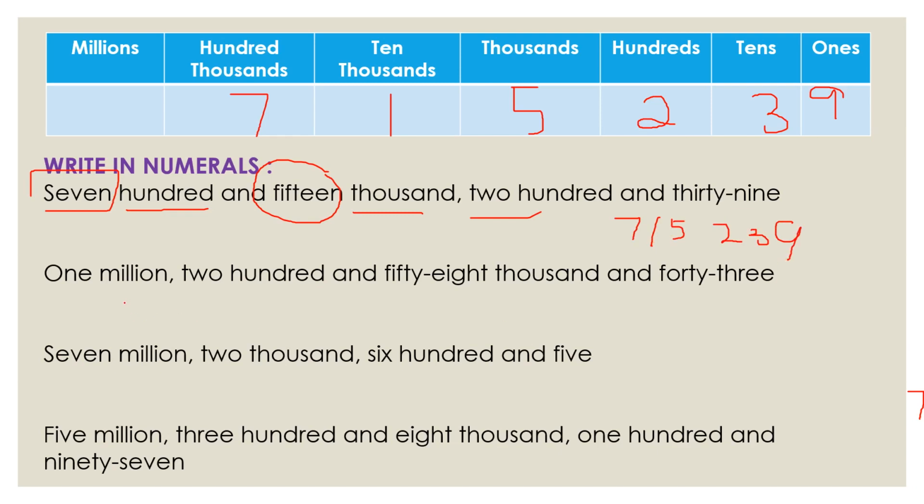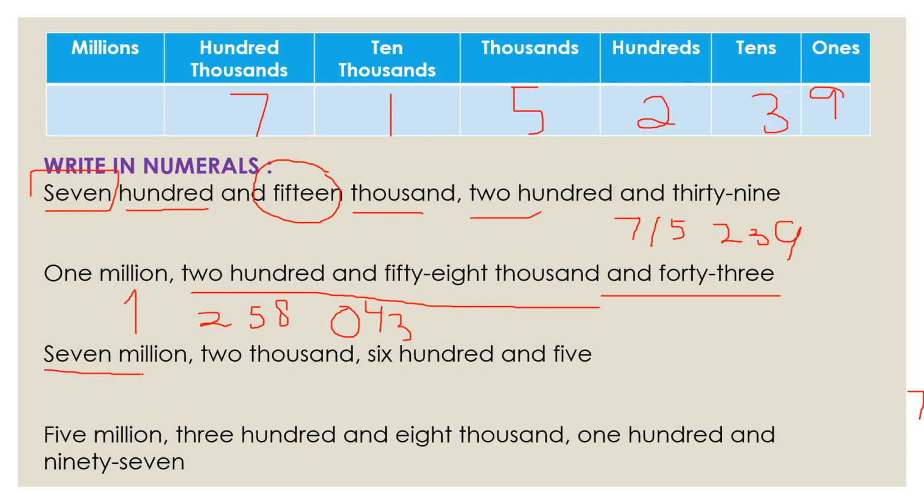Next, 1,258,043. So over here, 43 means there is no hundreds. So 0, 4, 3. 7,002,000. 2,000 is over here.